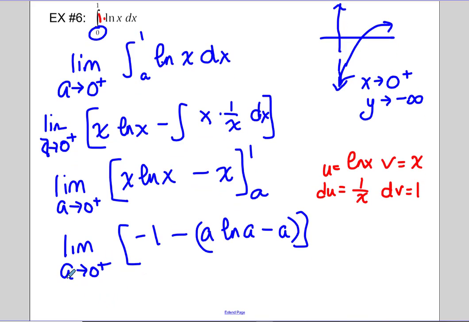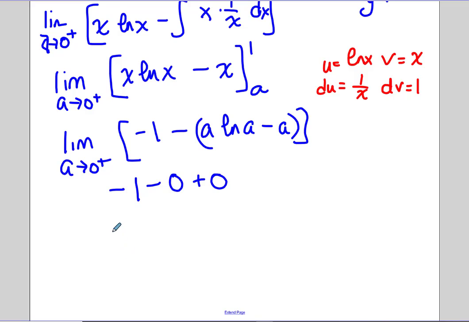So the limit as a approaches 0 from the right would give us negative 1, and this is going to be 0, and this is going to be 0. So we have a convergent improper integral. The area converges.